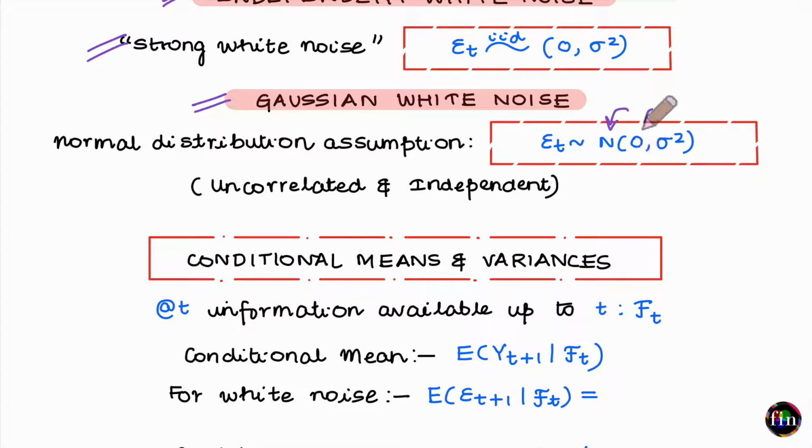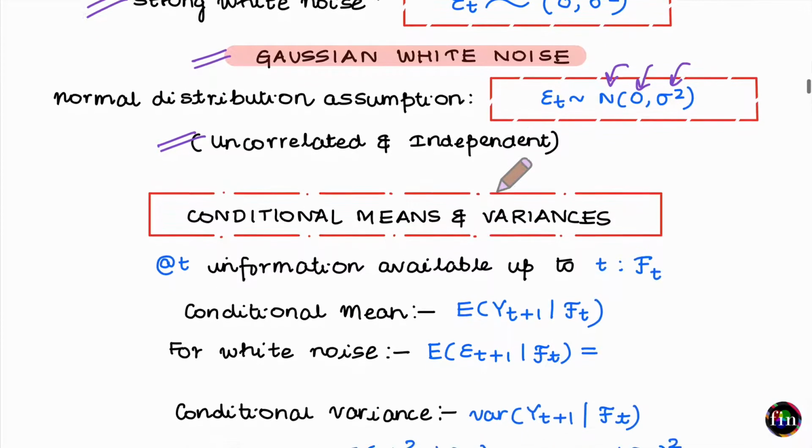But again, mean 0, variance sigma squared. Now, in this world of the normal distribution, there's only one kind of dependence, and that is linear dependence. Therefore, the uncorrelatedness assumption is also implying the independence assumption. It's one and the same thing in the normal distribution world. Therefore, Gaussian white noise is both uncorrelated as well as independent. Okay, these are three types of white noise.